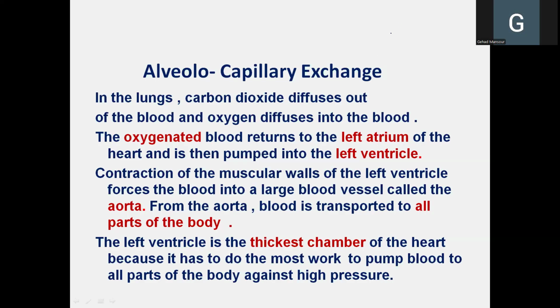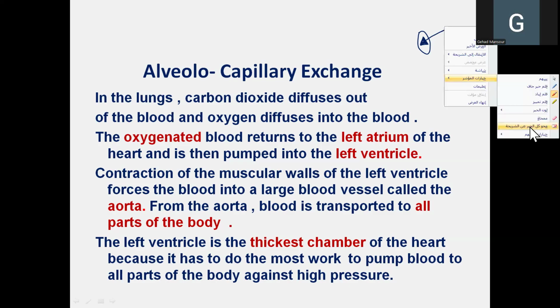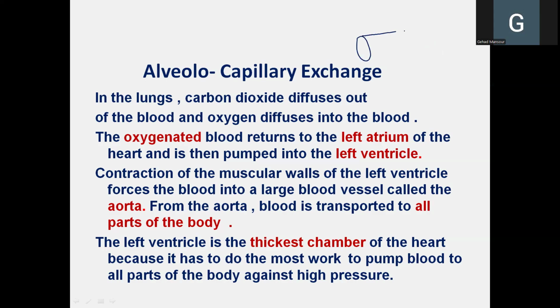In the lungs, what happens is that we have deoxygenated blood coming from the right side. So this is one of the blood capillaries in the lungs, and it has just received deoxygenated blood through a pulmonary arteriole that is a branch of the pulmonary artery, and it is deoxygenated blood that is rich in carbon dioxide, poor in oxygen.